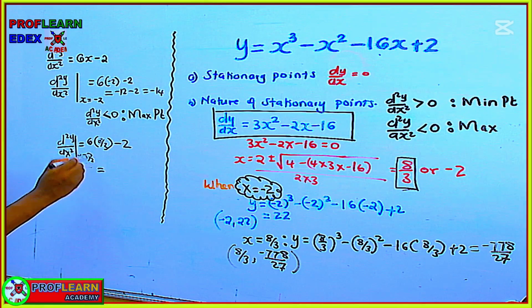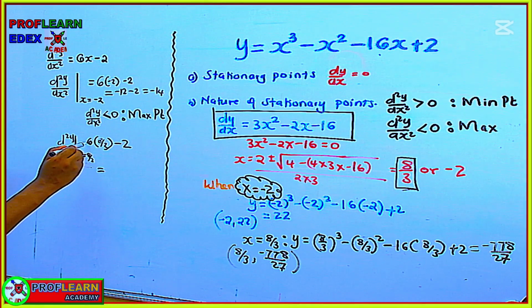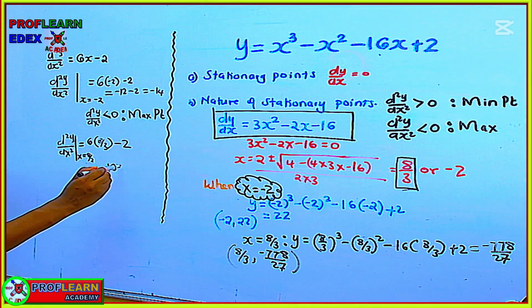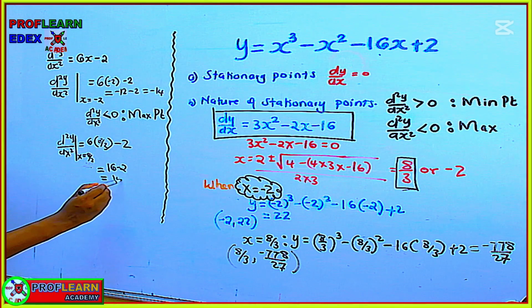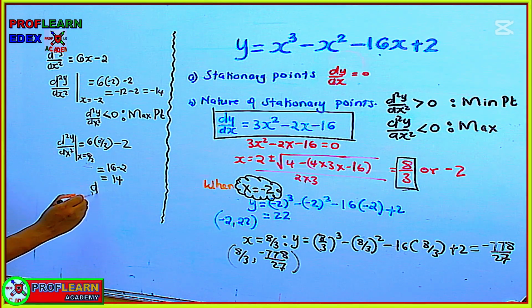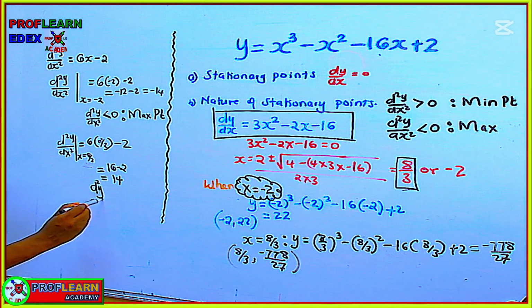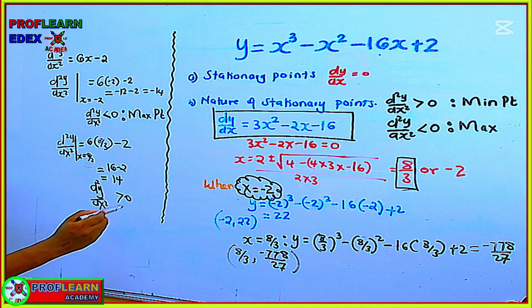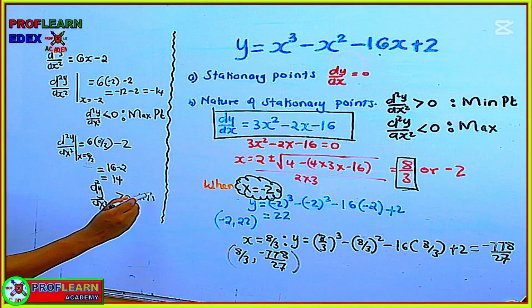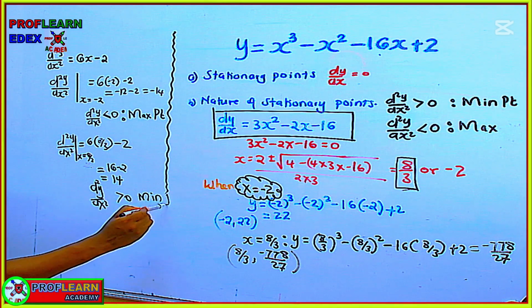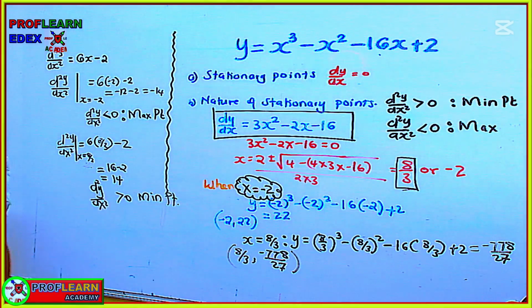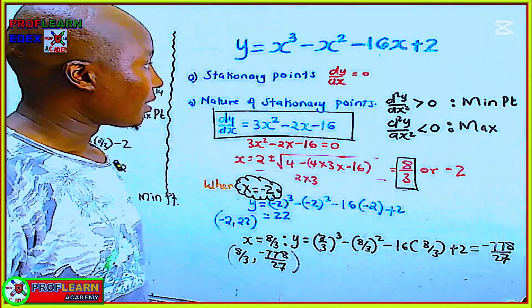If we work it out here, 3 goes into this twice, so this is going to be 16 minus 2, and the answer becomes 14. So d squared y over dx squared is greater than 0. So this is the minimum point. So basically that's what you are supposed to do in that case.